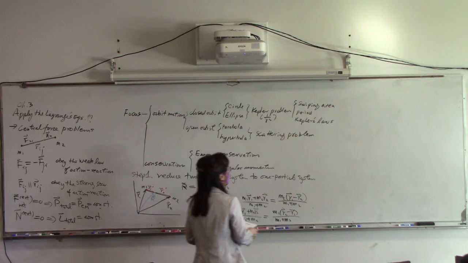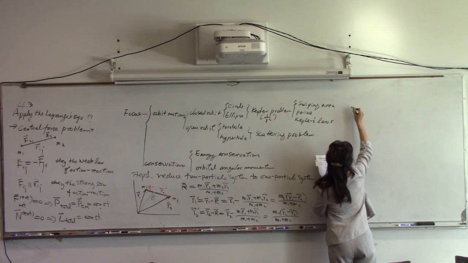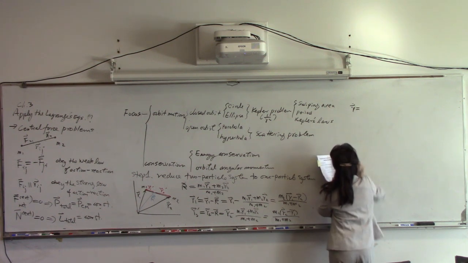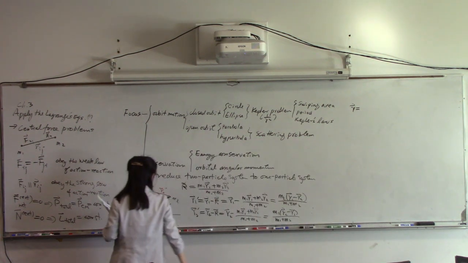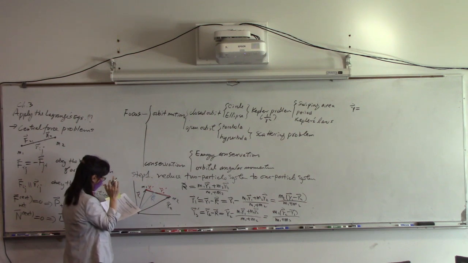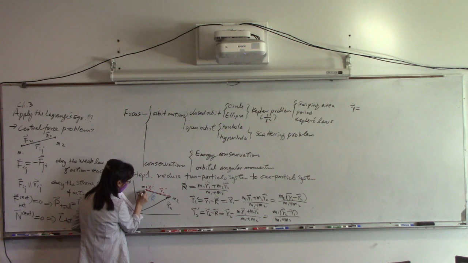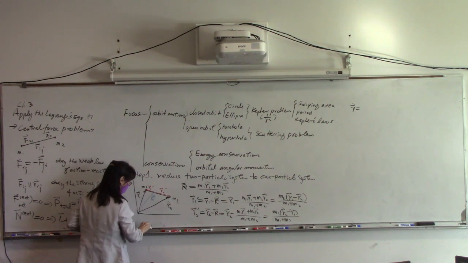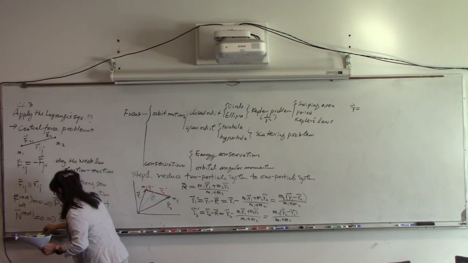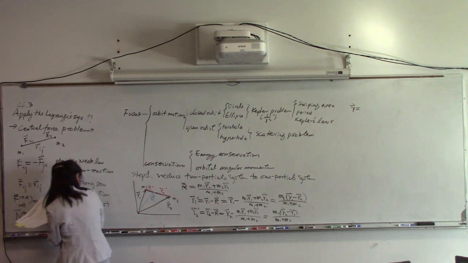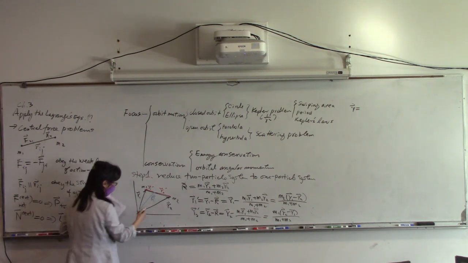Okay, so now we introduce the relative position R. If we say this is R2 minus R, so that is R, centered from M1. Let's use blue again.